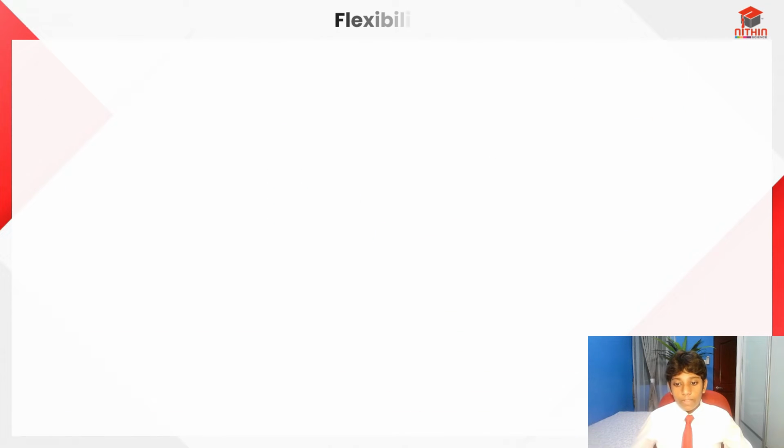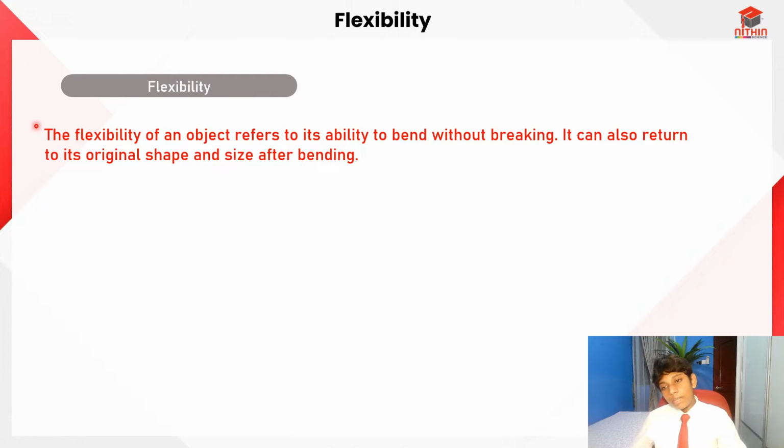Okay, so flexibility. This is basically the definition of flexibility. The flexibility of an object refers to its ability to bend without breaking.